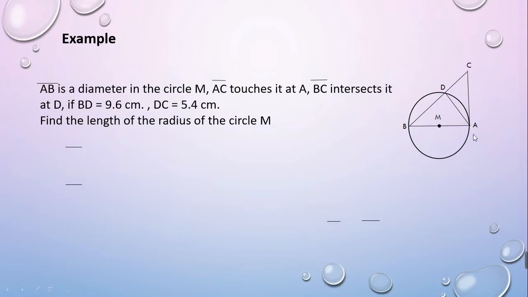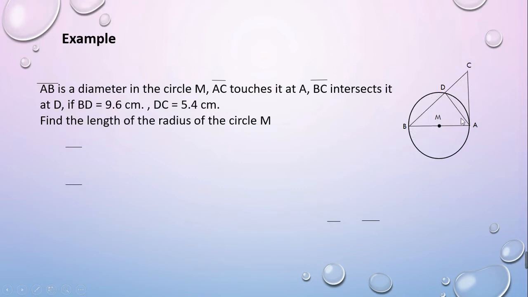And we have a right angle at this point with the diameter. BC is intersected at D. If BD equals 9.6 and DC equals 5.4, find the length of the radius of the circle M, MA or MB.